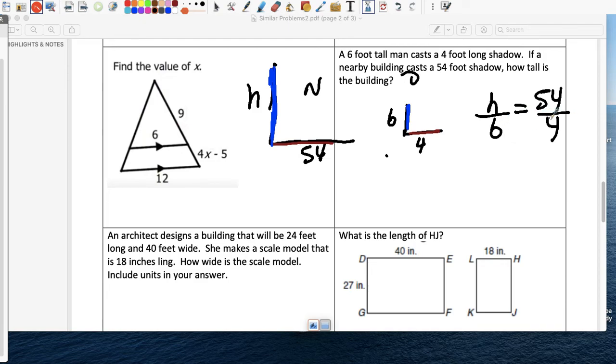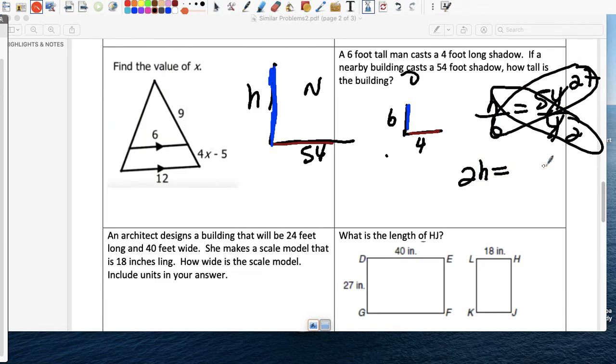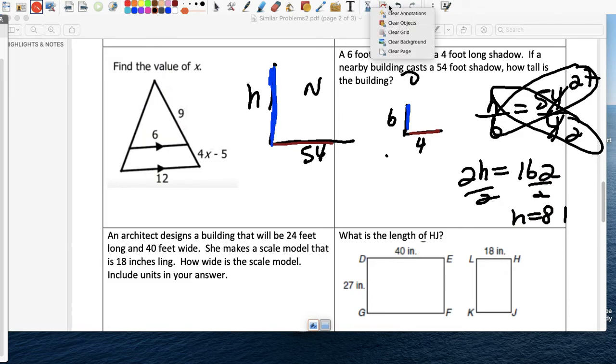Divide by 2, 27, so it's a times 3 relationship. We multiply 27 times 3, which is 81. Or, to keep it consistent, we get 2h equals 162, and divide both sides by 2, h equals 81. And we already knew that.